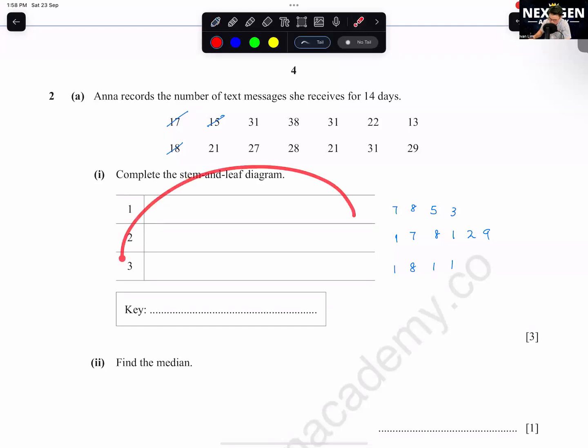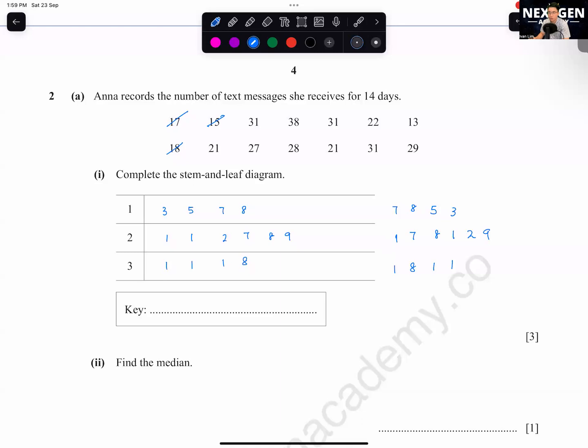After this, you have to rearrange them. Order it. So here will become 3, 5, 7, 8. Here will be 1, 1, 2, 7, 8, 9. Then here will be 1, 1, 1, 8.